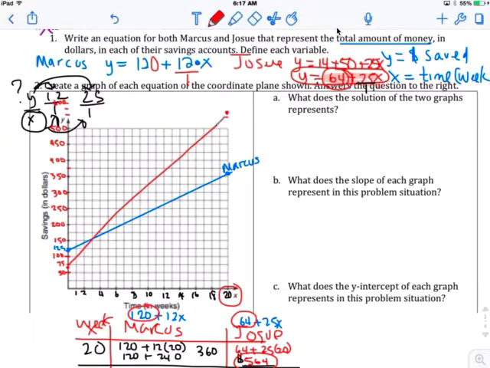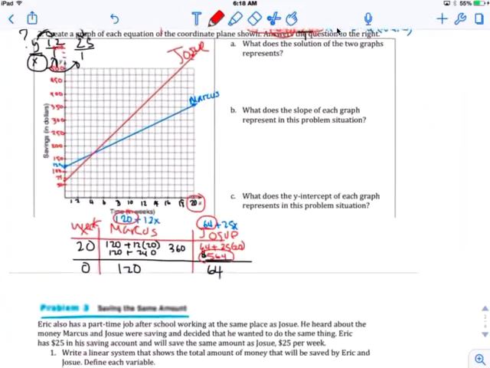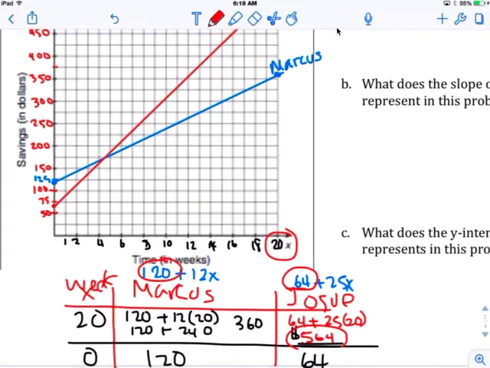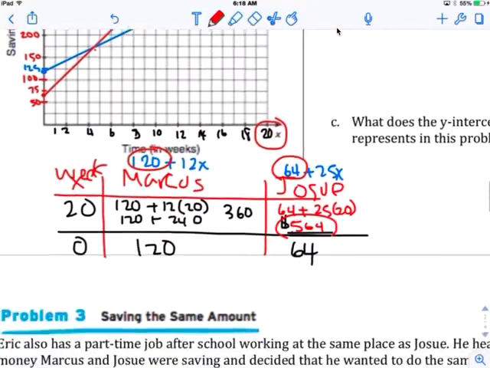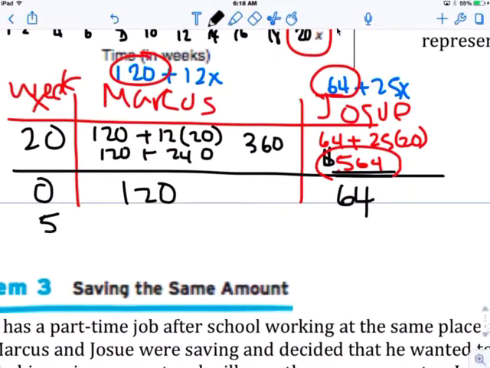Connect the two. Where does the graph intersect? This is Josue. We're guessing 5. It's about between 4 and 5. Let's guess 5. 5 is an easy number. They meet at 5. Should have given you more room here. Sorry, you guys.